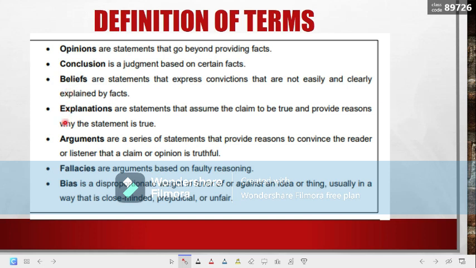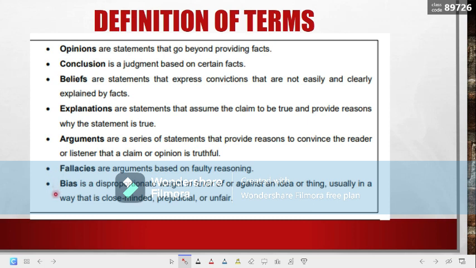Explanations are statements that assume the claim to be true and provide reasons why the statement is true. Arguments are a series of statements that provide reasons to convince the reader or listener that a claim or opinion is truthful. Fallacies are arguments based on faulty reasoning.